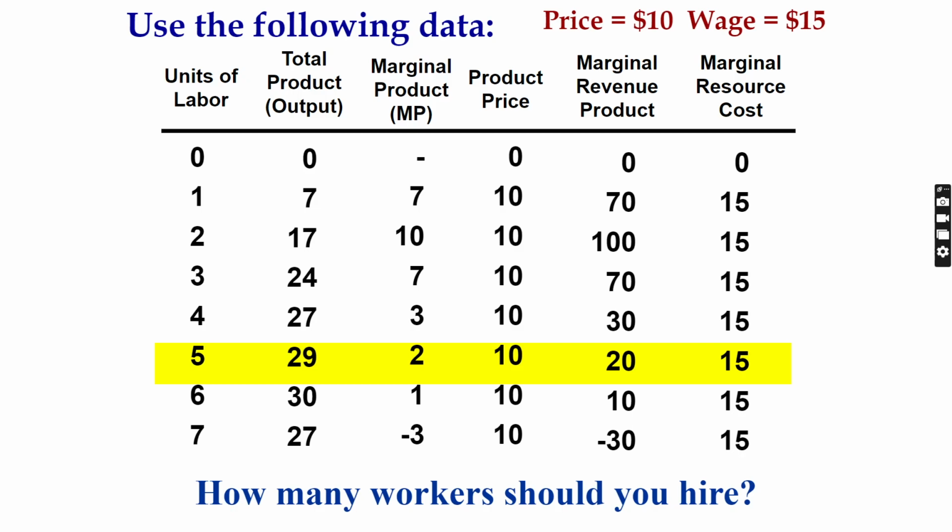And so we definitely don't want the marginal resource cost to be greater than the marginal revenue product, or the value added to the firm of that fifth worker. And so the firm is not going to hire the 6th worker because the MRC is greater than the MRP. And so they will stop at 5, where MRP is 20 and the MRC is 15.